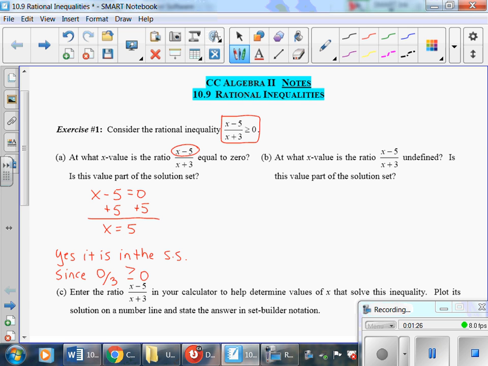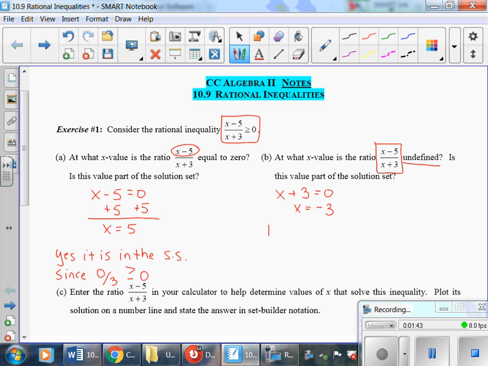But B says, at what x value is the ratio undefined? So when is this undefined? That means when the denominator is equal to 0, it's undefined. So here x has to be negative 3. And it says, is this part of the solution set?